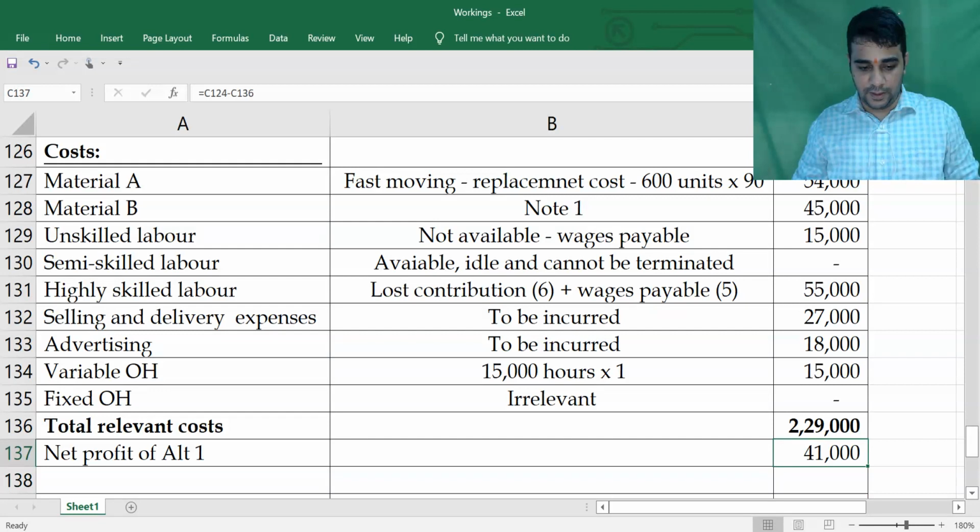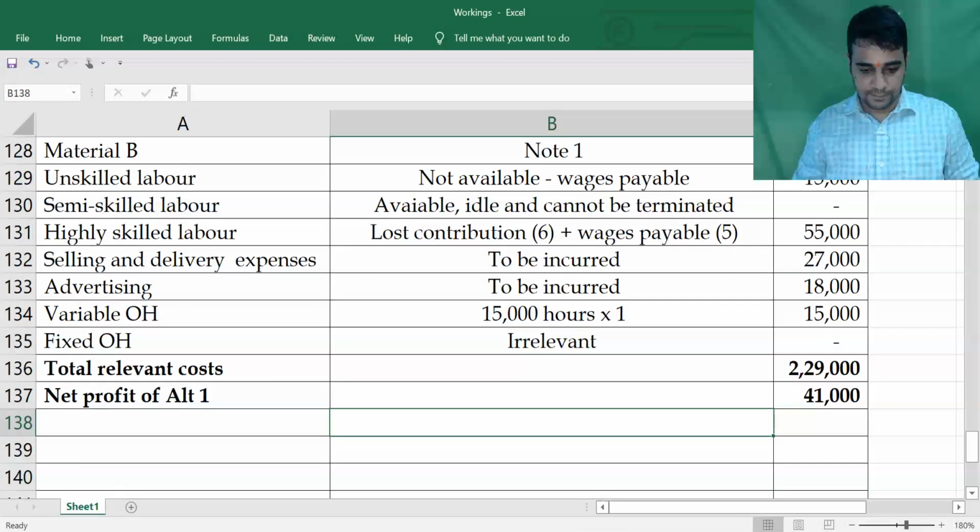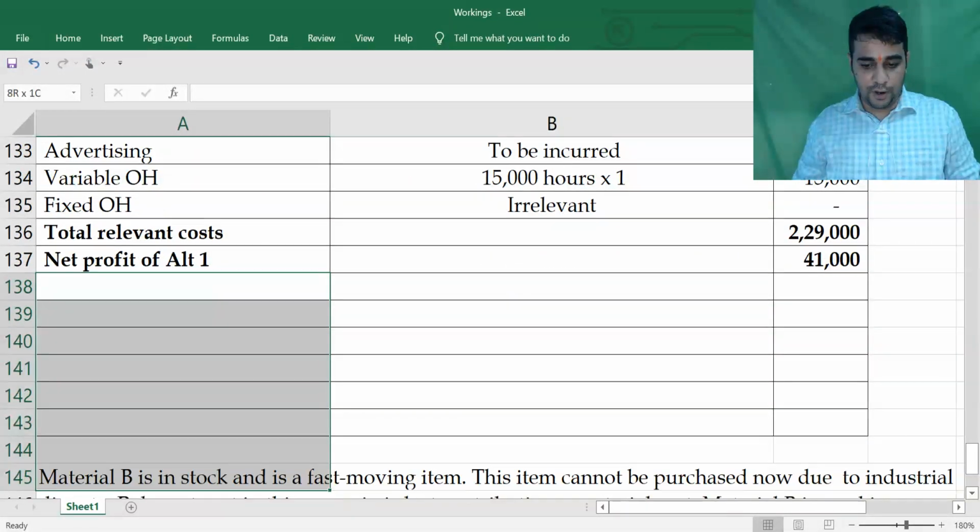Net profit of alternative 1, some 41,000 rupees. The net profit of this alternative is 41,000.